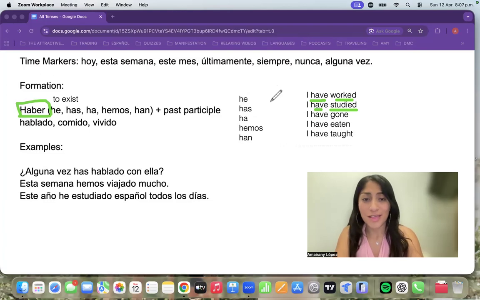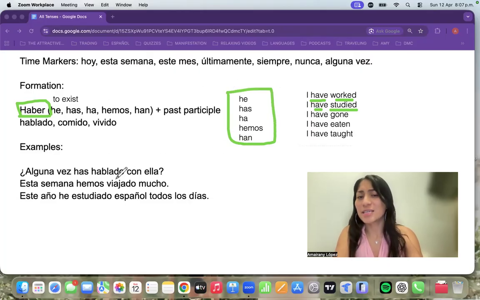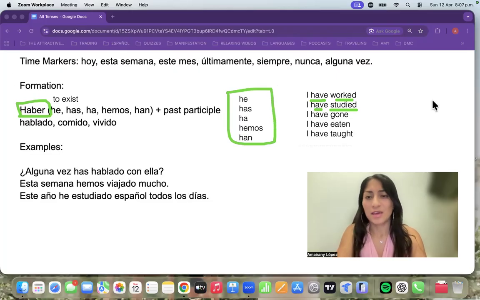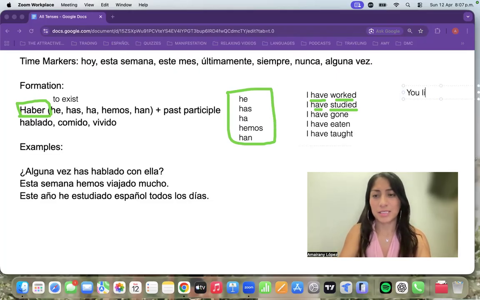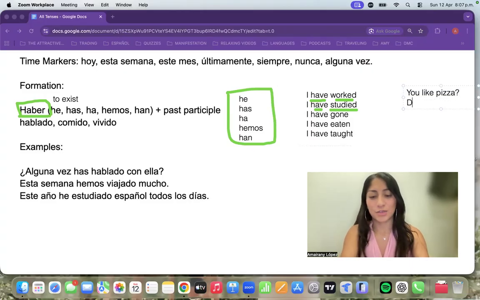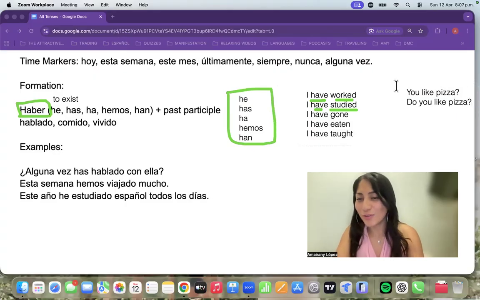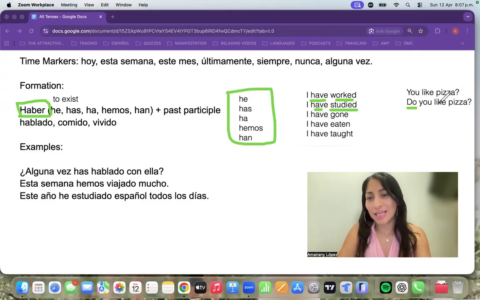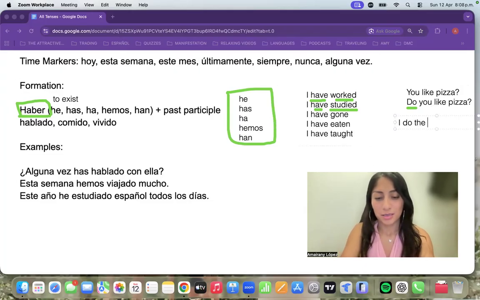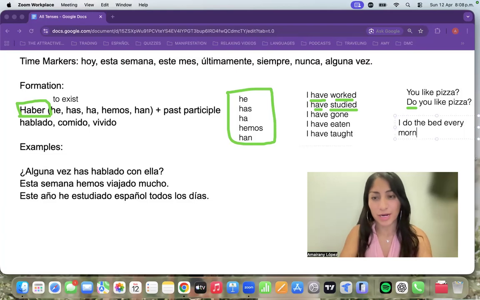So on their own, they don't tell us anything because this is an auxiliary verb. So for example, if I ask the question, you like pizza? And then I say, do you like pizza? What does the do there? Like, what does do mean here? On its own, it doesn't really mean anything. It's not like saying I do the bed every morning or I do yoga, right? It doesn't have the same kind of meaning.